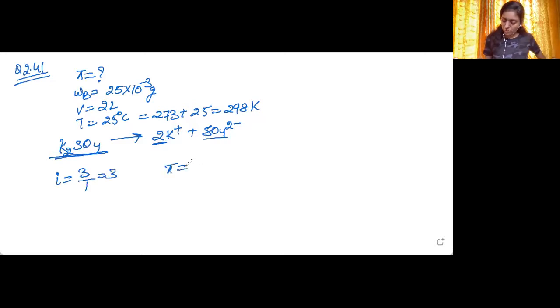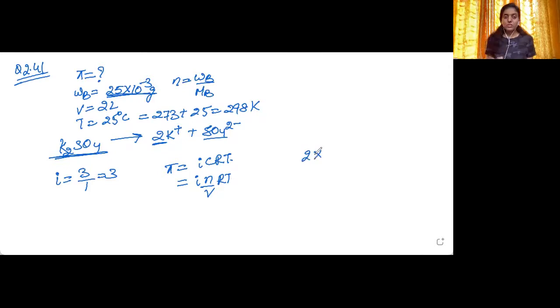So pi is equal to iCRT. So it is equal to i nB upon V RT. Number of moles of potassium sulfate has not been given. We have been given the value for its amount, so we can find out the number of moles. n is equal to WB upon MB. MB is the molar mass of potassium sulfate.